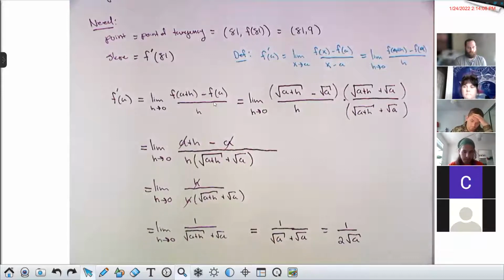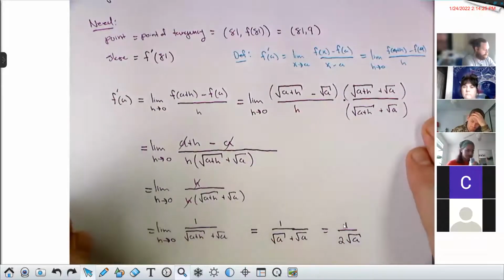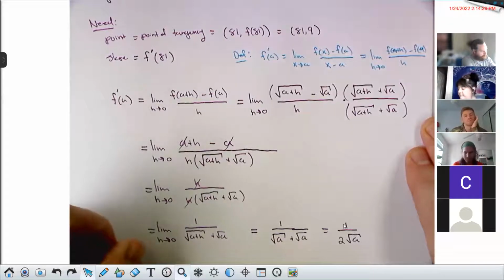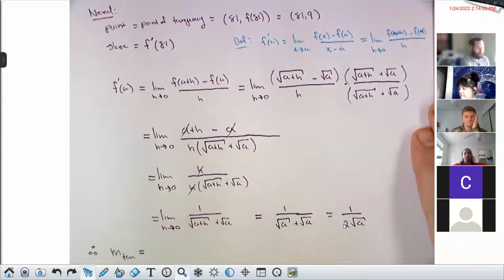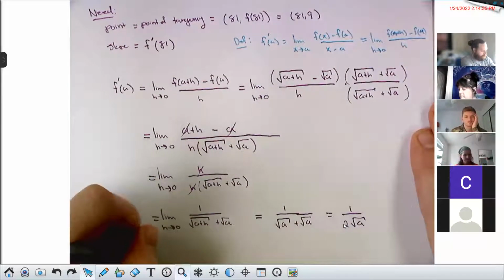So the derivative of the square root function is 1 over 2 times the square root of, if we were thinking of the variable as x, it would be x. Here, if we've left the symbol as a, that's fine. Which means that the slope of my tangent line, remember, is f prime of 81.